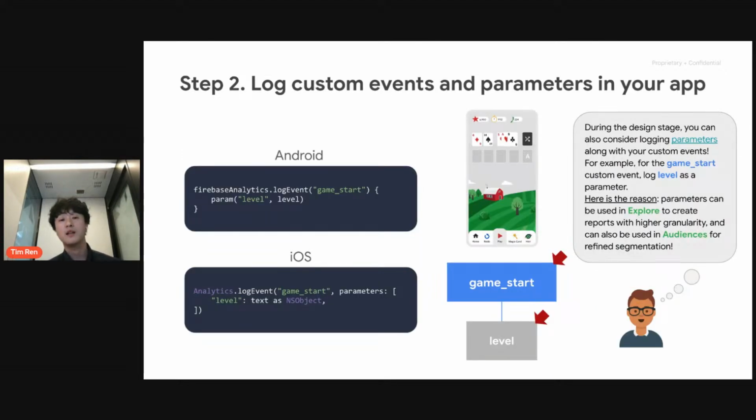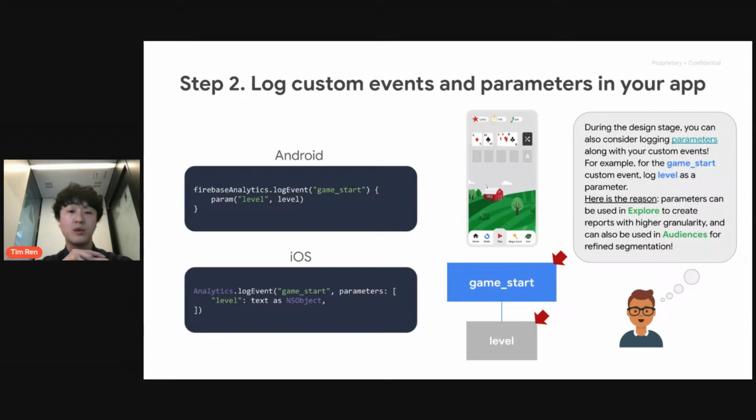Then you need to go ahead and log data. As we talked about before, when the game starts, you want to log an event. But the important thing is not only logging the event, but also making sure you can leverage the parameter that's attached to an event. I want to take this chance to talk about the uniqueness.